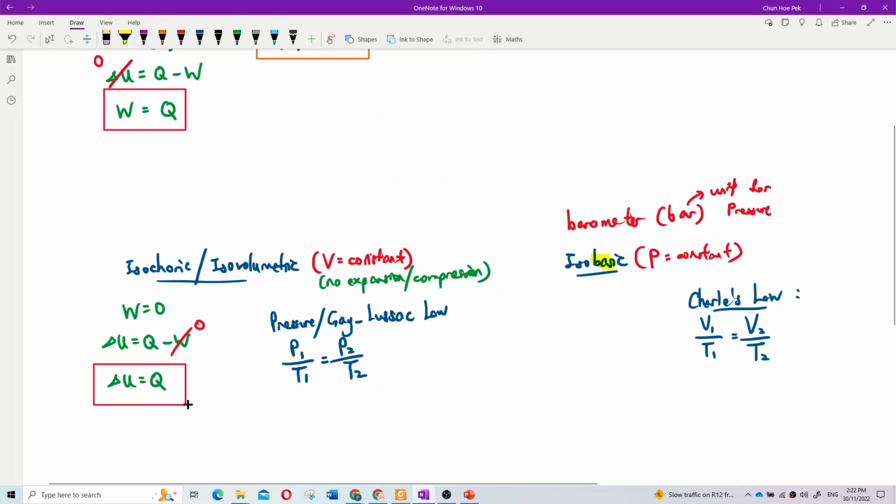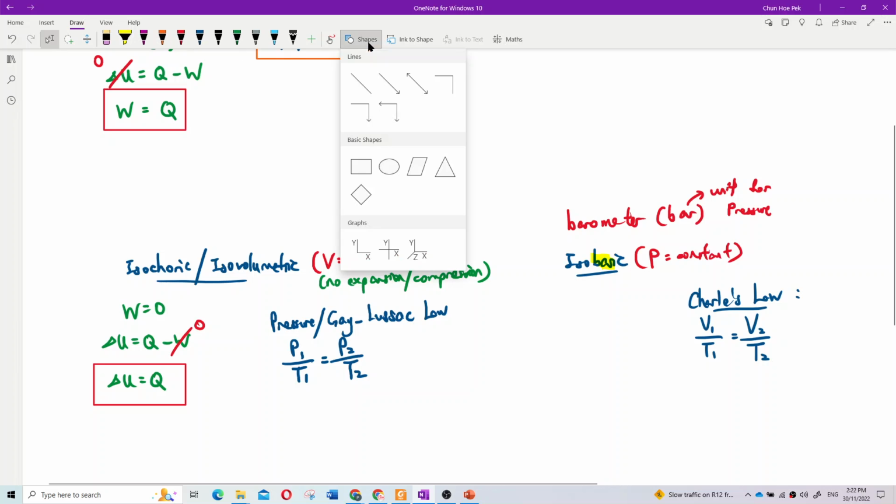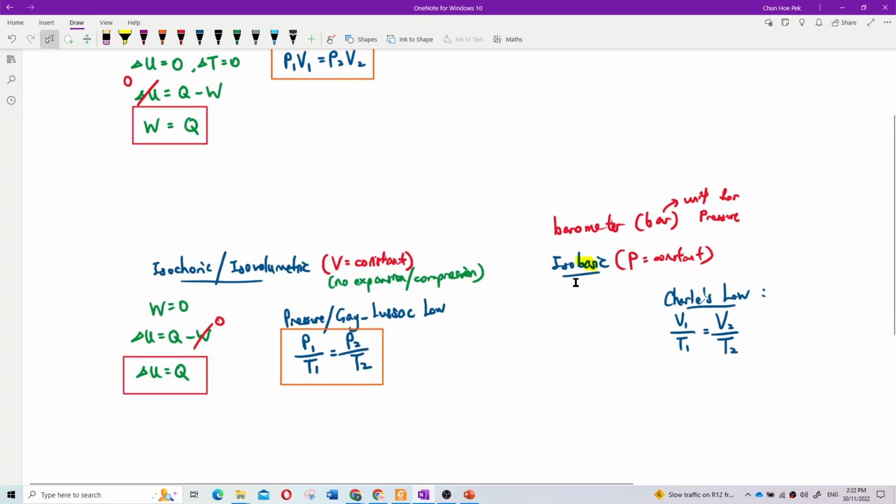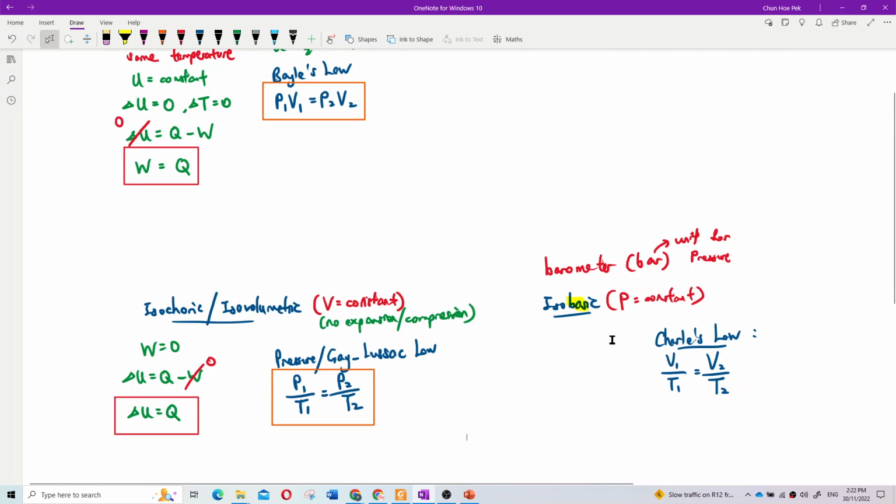And then another formula is for the pressure law. For isobaric, pressure is constant. So does it change anything under this?